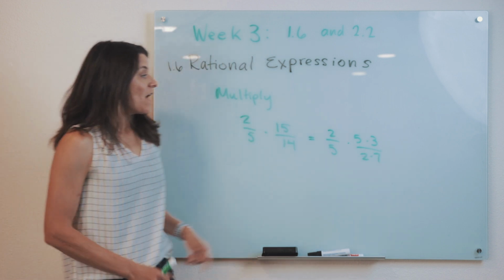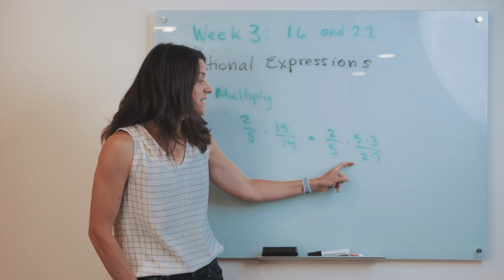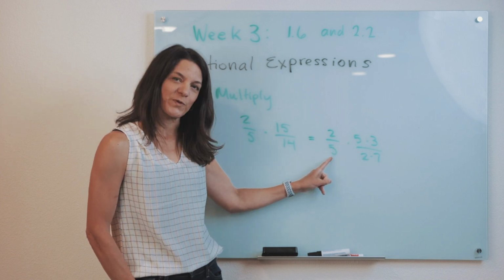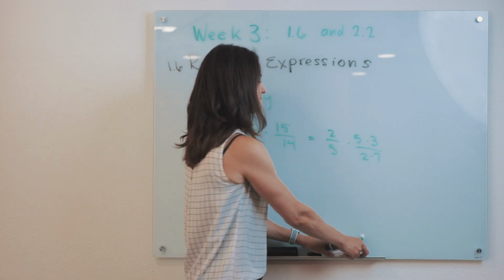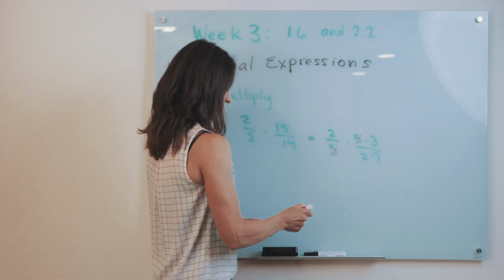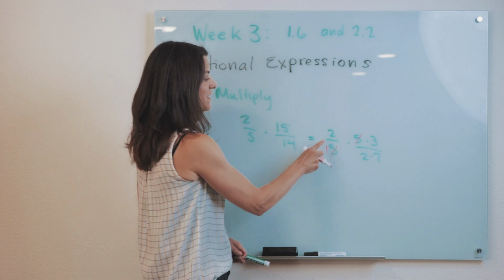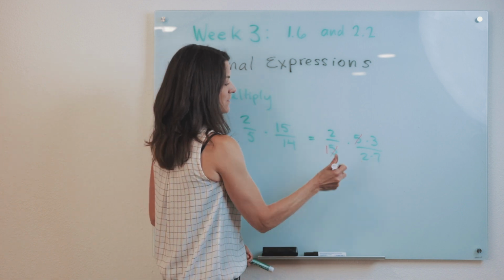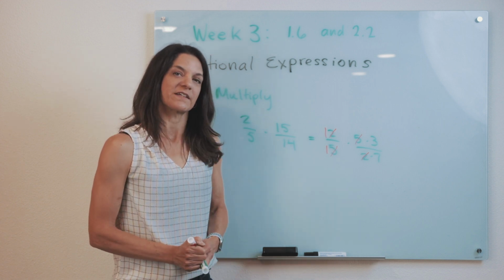Now, the numerator and denominator does not share a common factor, but we can look across the multiplication. There is a 5 in this denominator, a 5 in this numerator. We can cancel those out, and it leaves a 1 in its place. Same thing with the 2 here and the 2 here. We can cancel those out. It leaves a 1 in its place.